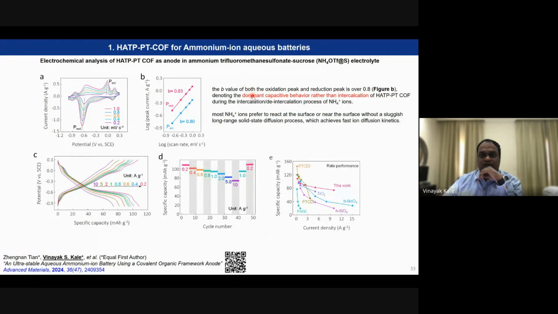So we investigated in detail what is the dominant character of this intercalation or capacitive behavior of ammonium with the COF. We found that the b value is more than 0.8, which means that the charge storage happens through this intercalation or de-intercalation process, and the ammonium ions prefer to react at or near the surface without a sluggish long-range solid-state diffusion process, which achieves fast ion diffusion kinetics.